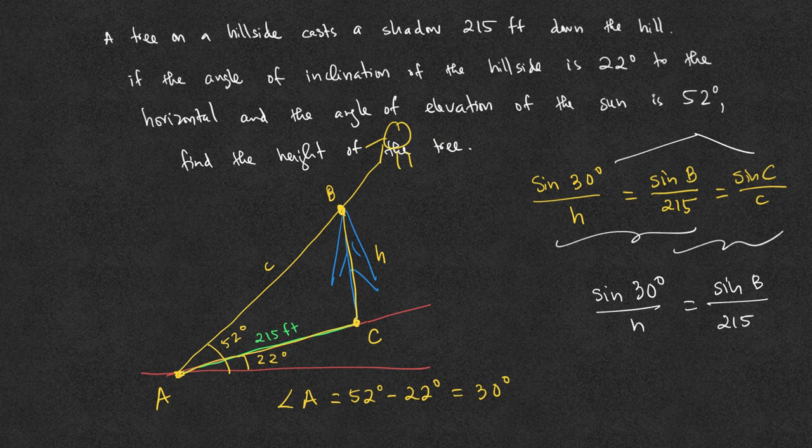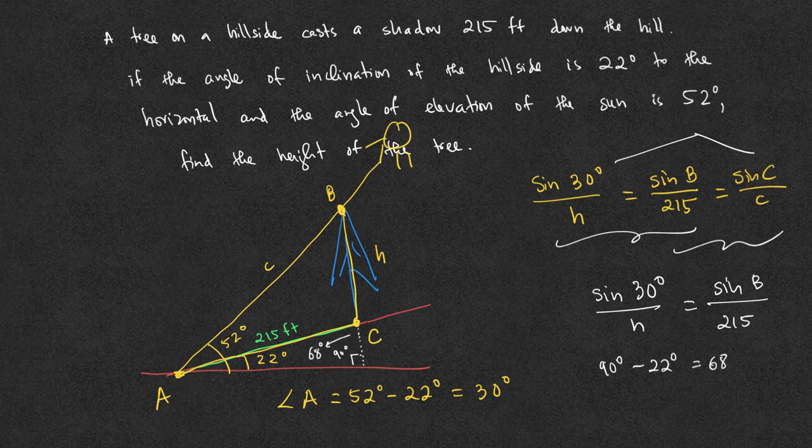To do that, observe that we can extend this tree, which we won't be able to, but is an imaginary line. Then we have a tiny right triangle down there with the angle 90 degrees. And so the angle C inside is 90 degrees minus 22 degrees, or 68 degrees.